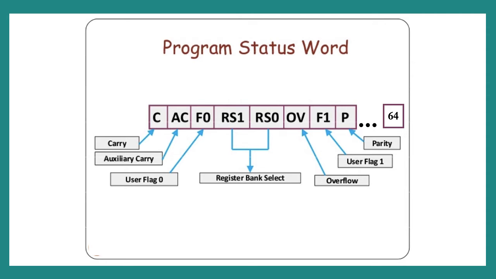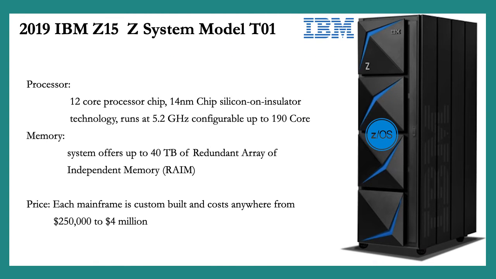As I said earlier, as I showed you the specs of the z system, I'm going back to this z system. As you can see, we have 12 physical processors, and each of these 12 physical processors has 5.2 gigahertz, combining a virtual core of 190 cores.